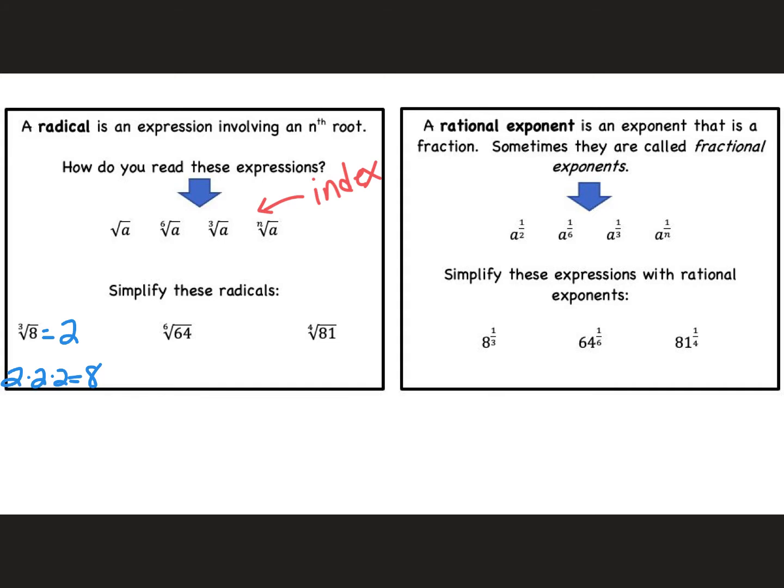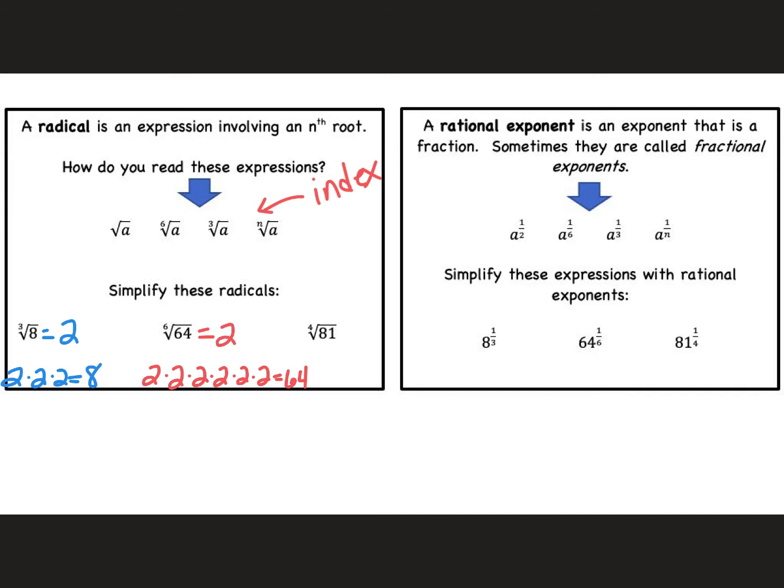If that's not right, then I'll try 4. All right, so 2 times 2 times 2 is 8. Well, 3 more 2s would be another 8, and 8 times 8 is 64. So 2 to the 6 is 64. Therefore, the sixth root of 64 is 2.